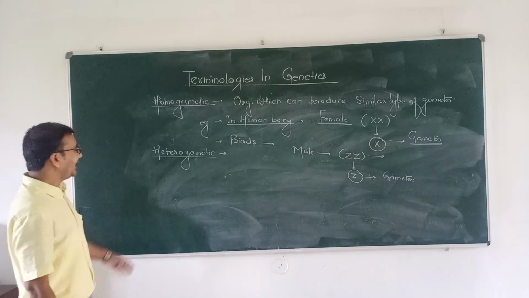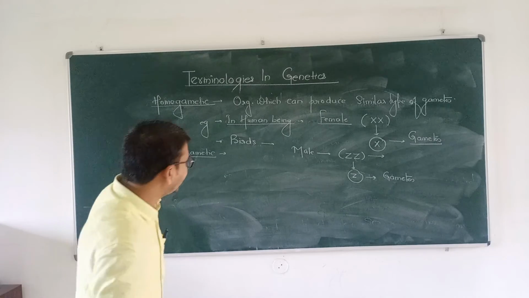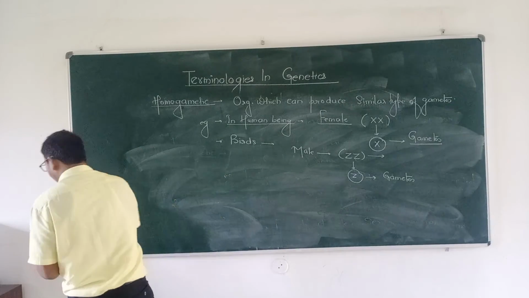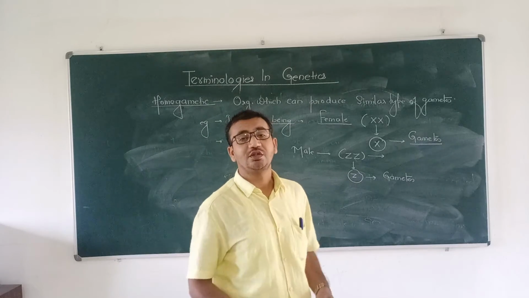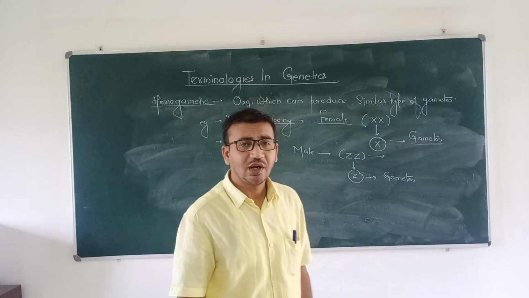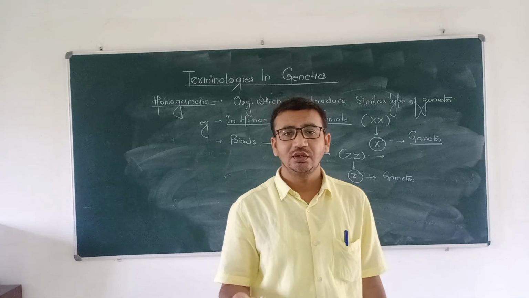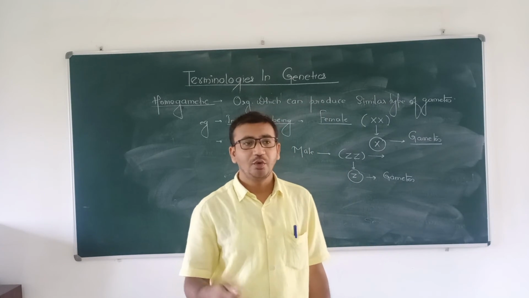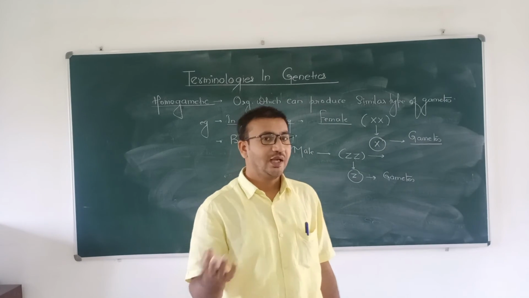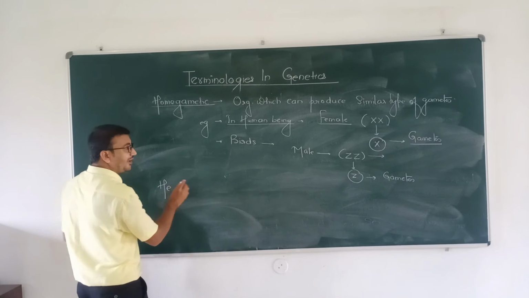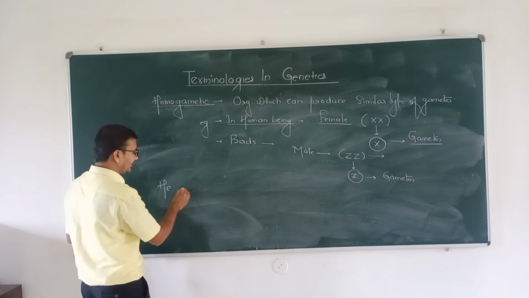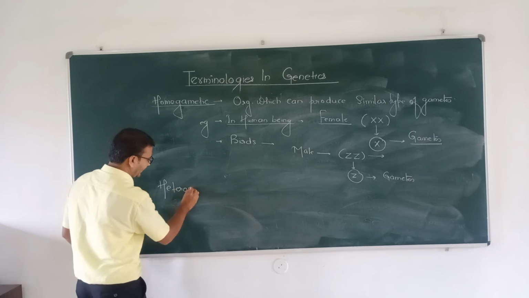ठीक है। अब सेकेंड हम बात करेंगे हेटेरोगैमेटिक की। कौन से इंडिविजुअल्स को हेटेरोगैमेटिक कहेंगे? तो हेटेरोगैमेटिक आर दोज इंडिविजुअल्स और दोज ऑर्गेनिजम्स which can produce two different types of gametes.